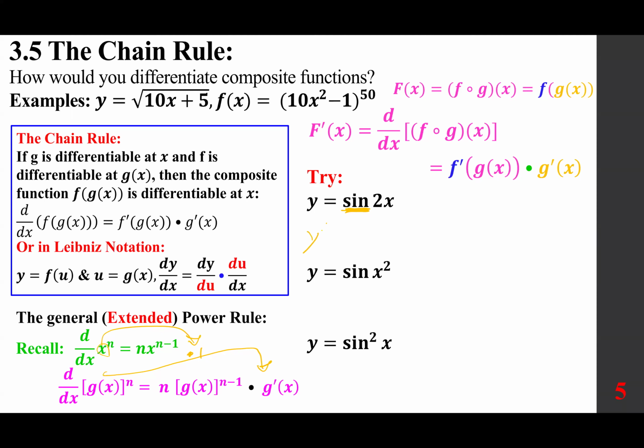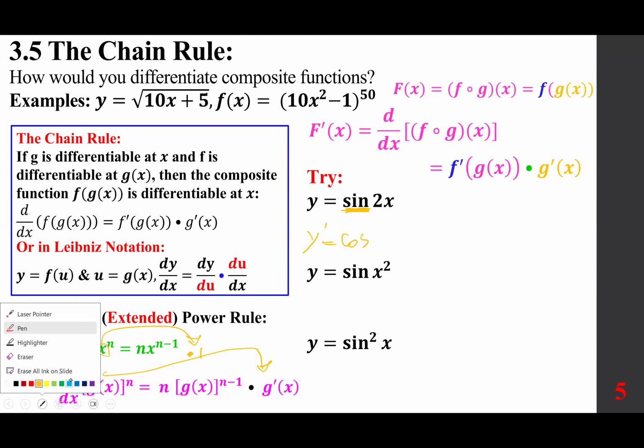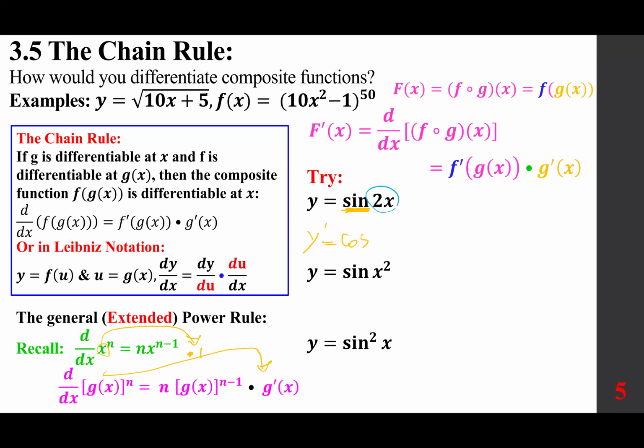We say y prime is cosine, and then we pause again and say trigonometric functions are meaningless without their argument, so we need the same argument. However, this is not x, it's a function of x, times 2. And of course, we bring the 2 to the front. So it's pretty straightforward, everybody.